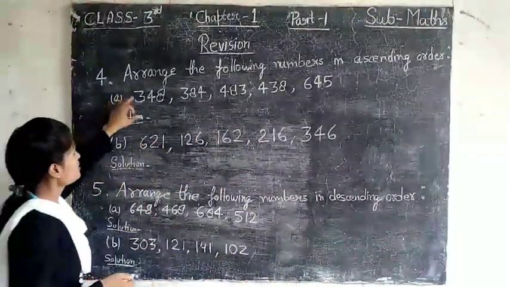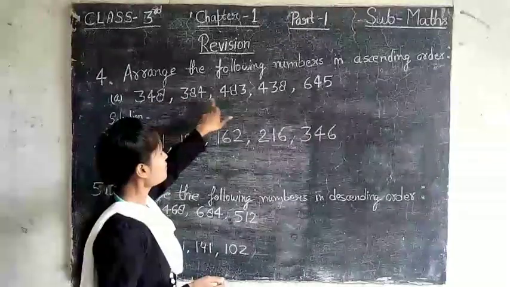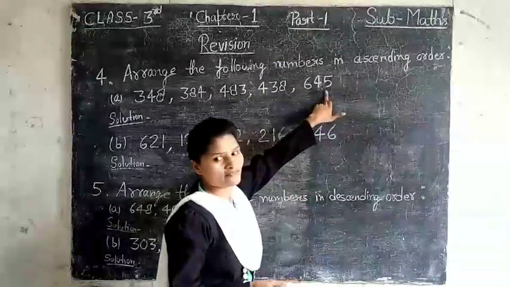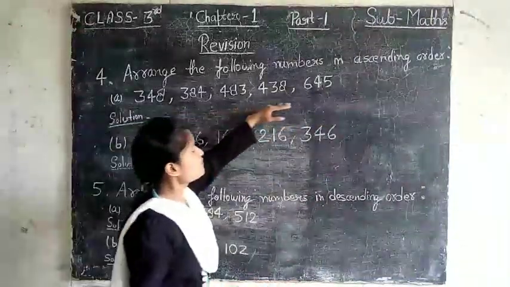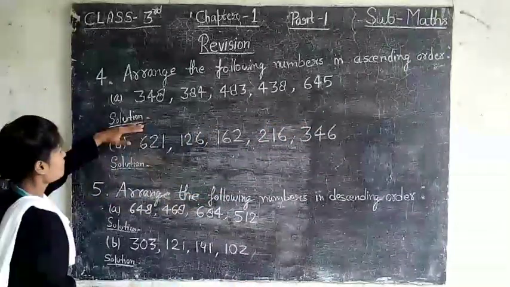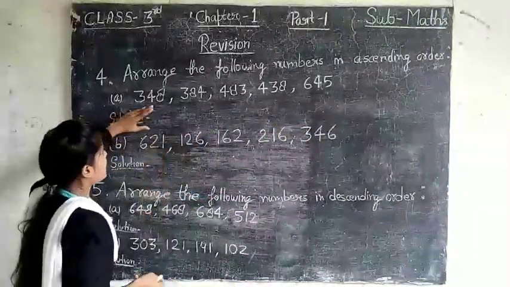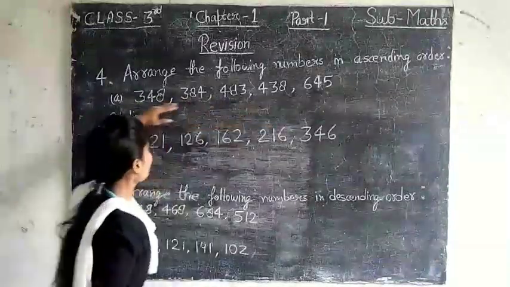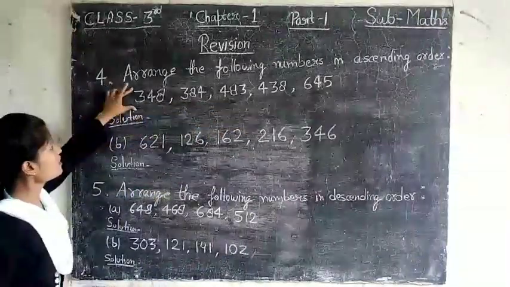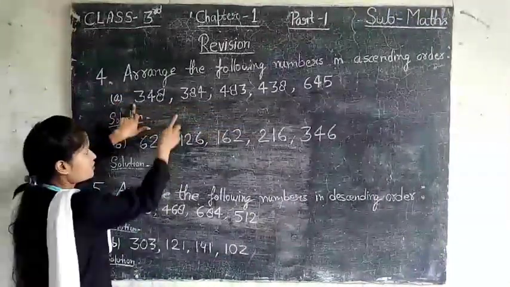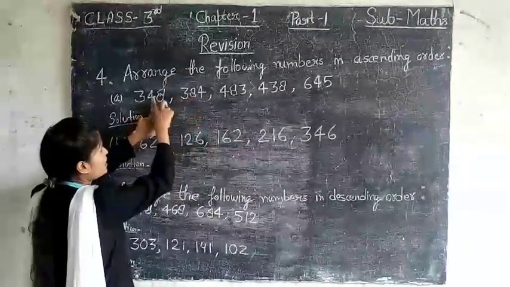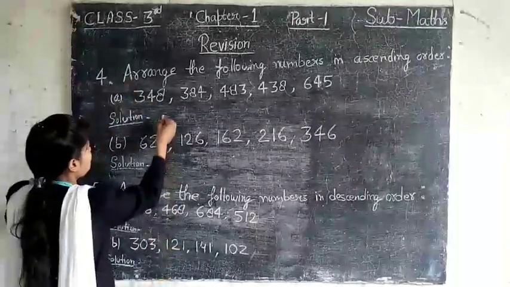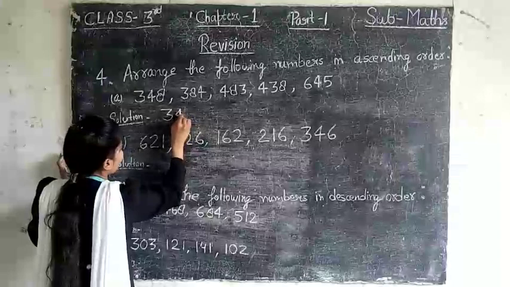The first question is 348, 384, 483, 438 and last is 645. First we compare the hundreds digits: 3, 3, 4, 4, 4. The smallest number will start with 3, and both are the same. So next we compare 4 and 8, and 4 is smaller, so first we note 348.